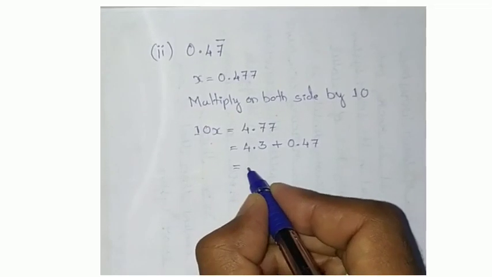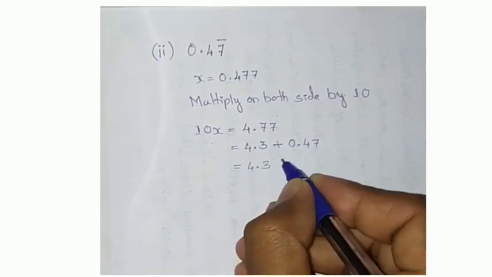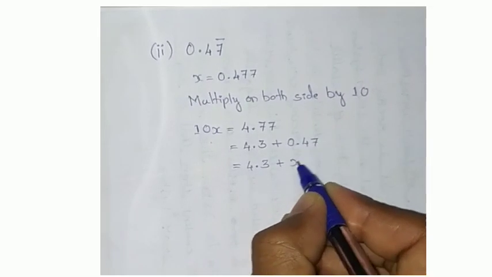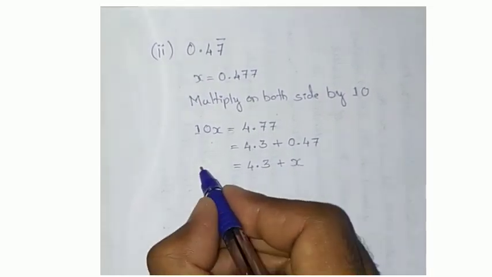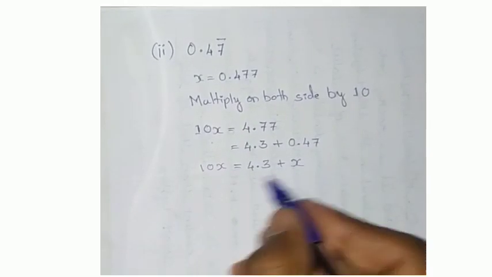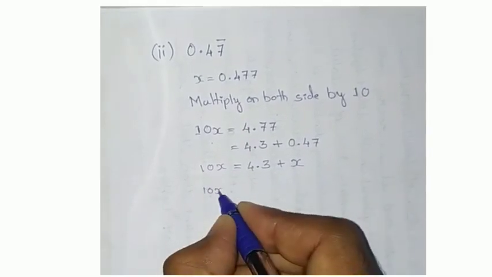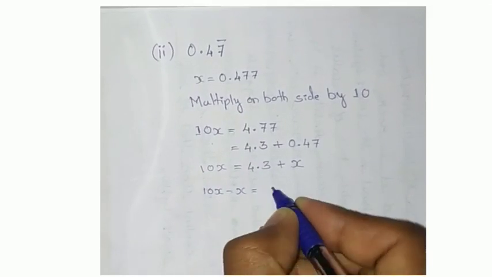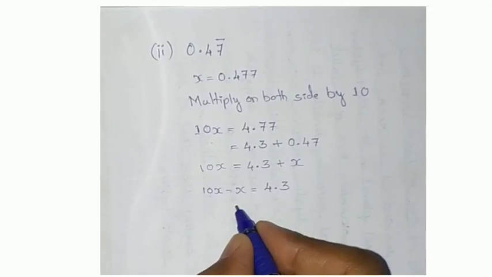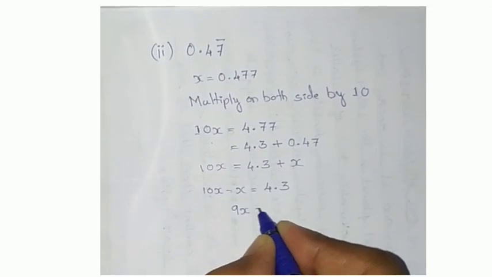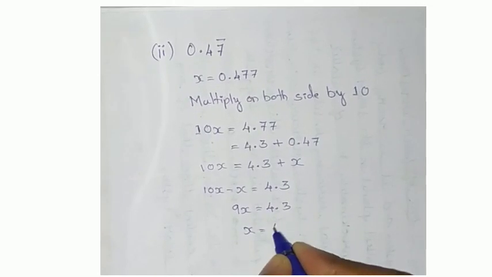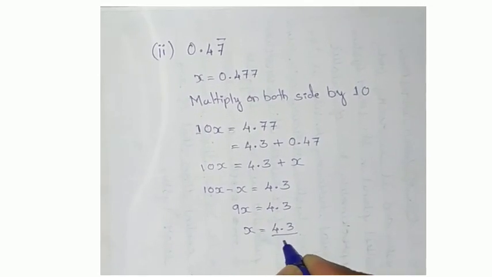So 4.3 we write like that only, and again plus x is here. Already 10x is on our left side. Take that single x to the left side, it becomes 10x minus x. Remaining is 4.3. So 10x minus x is 9x equal to 4.3. x equals 4.3 divided by 9.